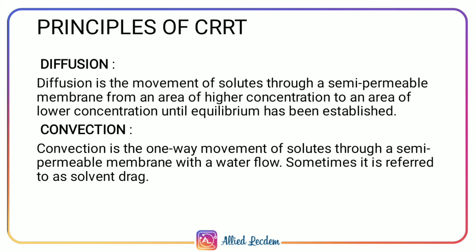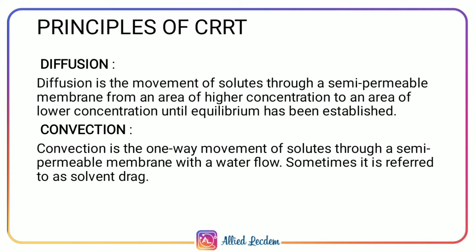The principles of CRRT are diffusion, convection, ultrafiltration and adsorption. Diffusion is movement of solutes through a semi-permeable membrane from an area of higher concentration to an area of lower concentration until equilibrium has been established. Convection is one-way movement of solutes through a semi-permeable membrane with water flow.